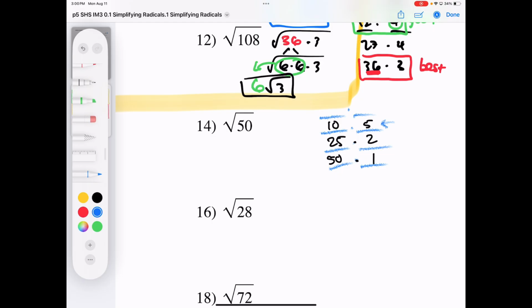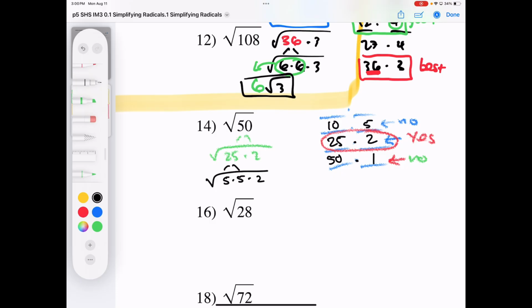Class, this one? No. How about this one? Yes. How about this one? No. Why? Let's do it. That breaks down to 25 times 2. And then 25 breaks down into what? 5 times 5 times 2.